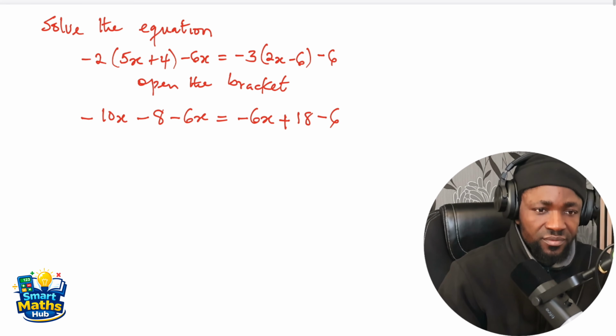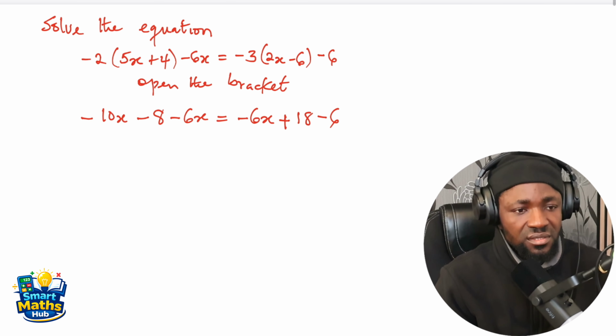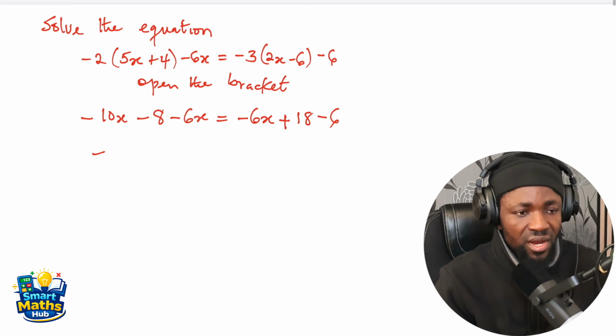So now let's rearrange. When you rearrange, you will see where you have x and you will see where you have ordinary number. Separate them from each other. Minus 10x. There's another minus 6x here.